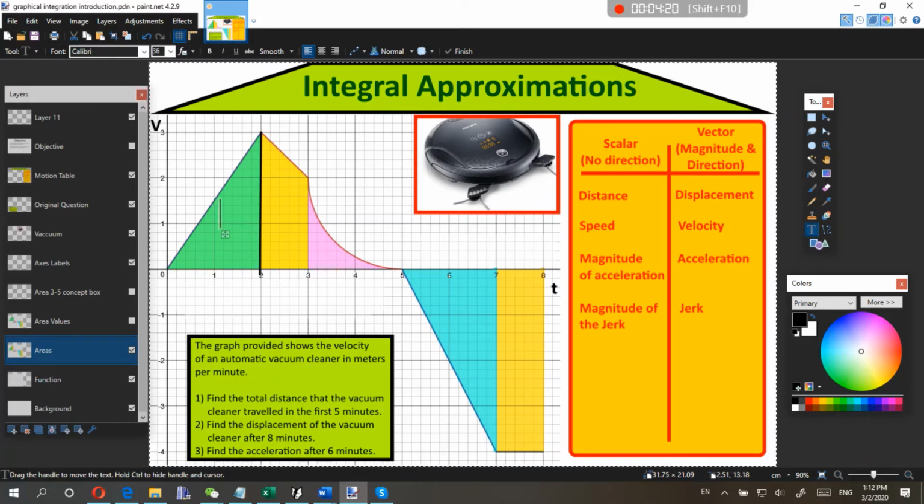Okay, I've got Sarah dropping in and out. What's next on my list? Eileen, what's the area of this green triangle?